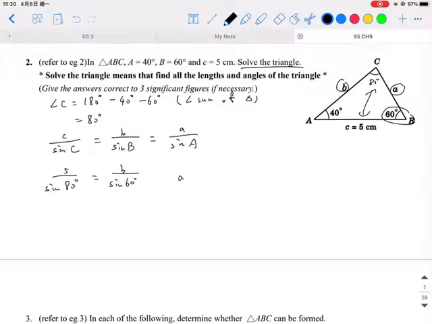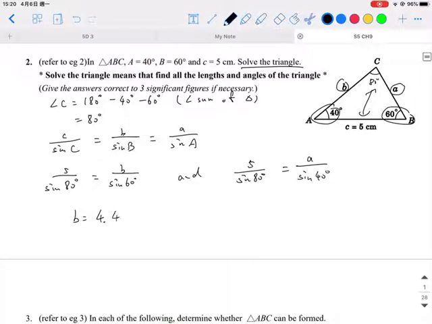And on the other hand, 5 over sine 80 degrees is equal to a over sine A, where angle A is 40 degrees. And after solving the equation, you will get b is equal to 4.40 cm and a is equal to 3.26 cm, correct to 3 significant figures. Okay, that's the end of question number 2.